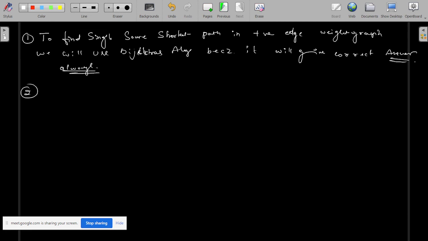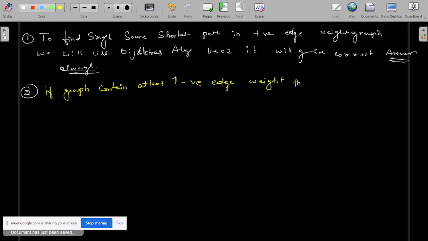Point number 2: if the graph contains at least one negative edge weight, then Dijkstra's may fail.